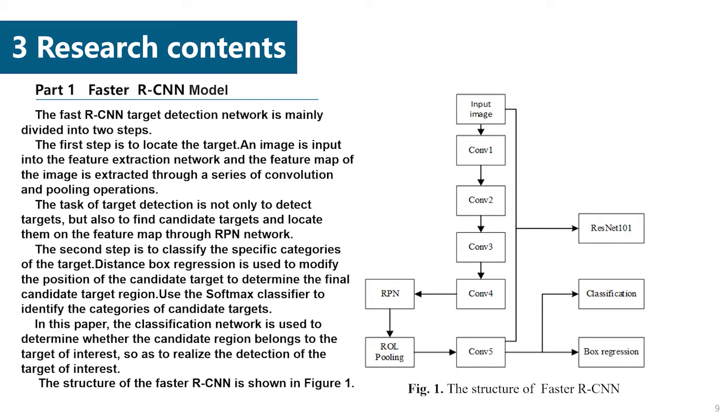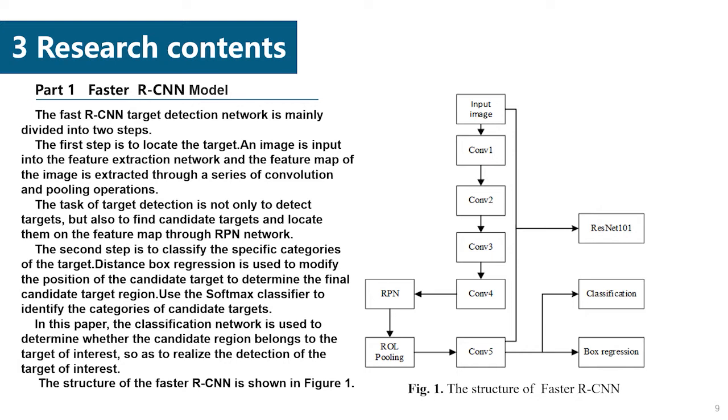The second step is to classify the specific categories of the target. Bounding box regression is used to modify the position of the candidate target to determine the final candidate target range.